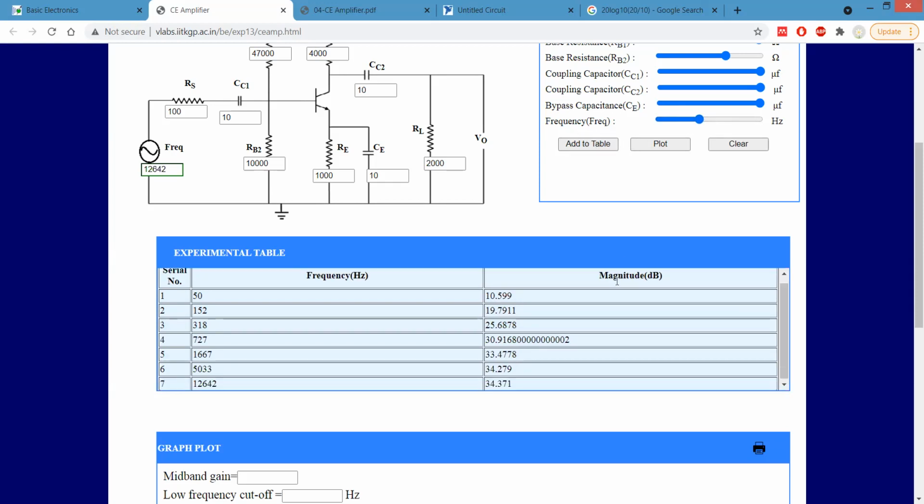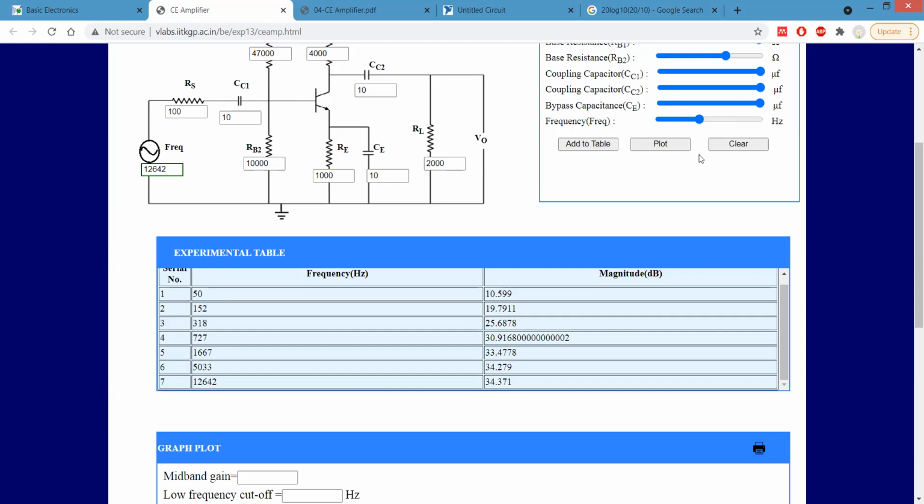Still it is increasing, as you can see, its maximum value till now. For 12 kilohertz also the value is a bit greater, it is increasing but very slowly. As you can see here, there is almost no change, though we have changed the frequency from 12 kilohertz to 26 kilohertz, the change in magnitude is less.